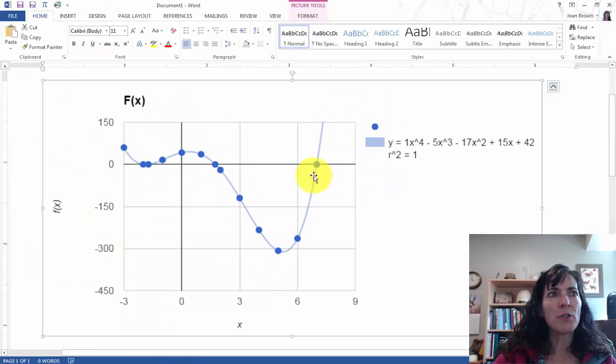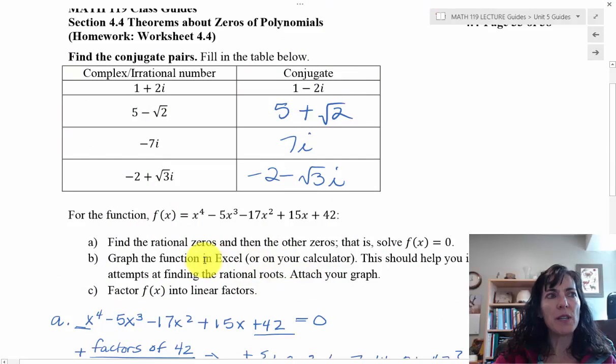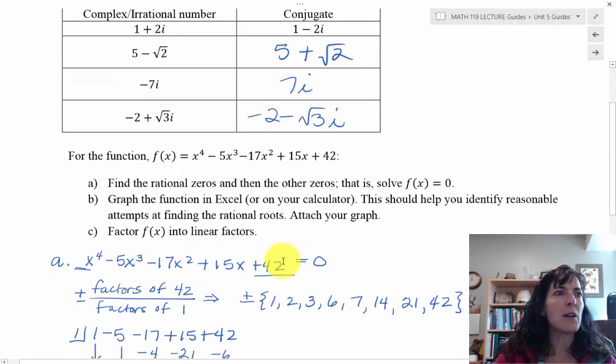Look at the graphed version of it, it did verify for me that I did get the correct intercepts and then also what the shape of my graph is. It is x to the 4th, so we expect both ends to go up, and on this graph it does look like that's what's happening. So that's how you would graph using Docs or Excel.